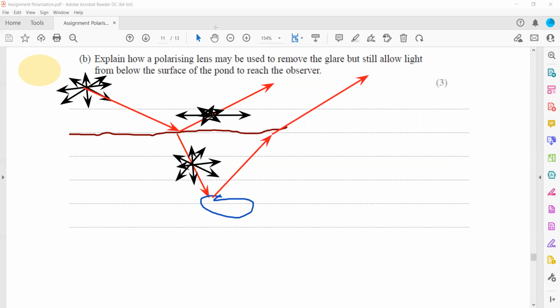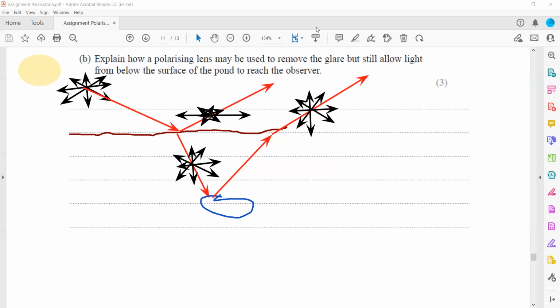And when it is coming to the eye, we are receiving both of them. So that's why we observe the reflection and the refracted object, but that's not clear because we are receiving both.